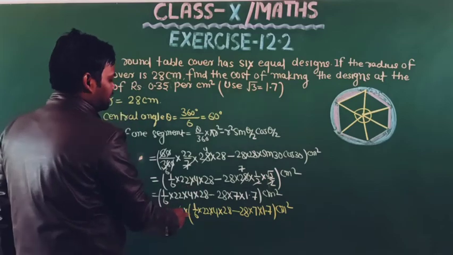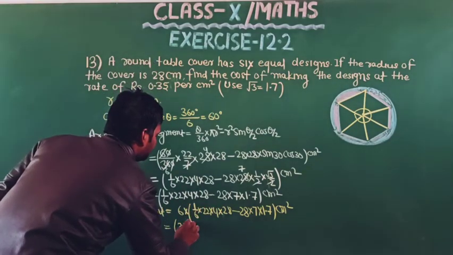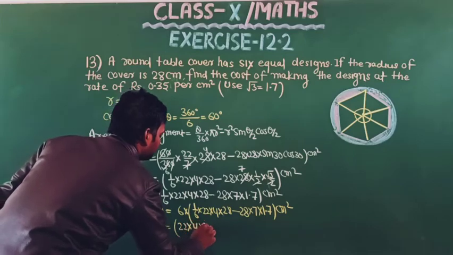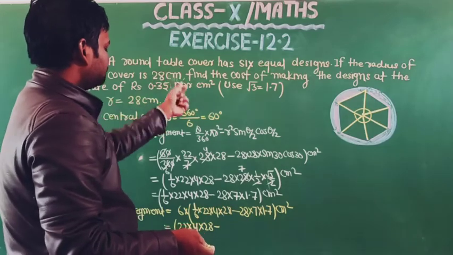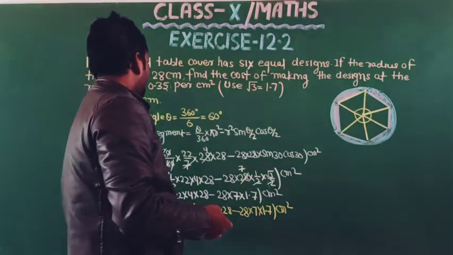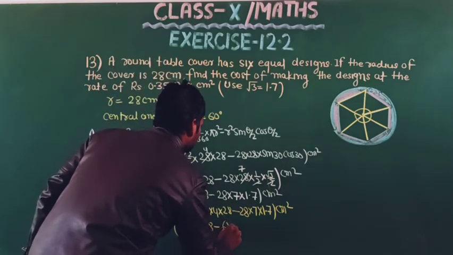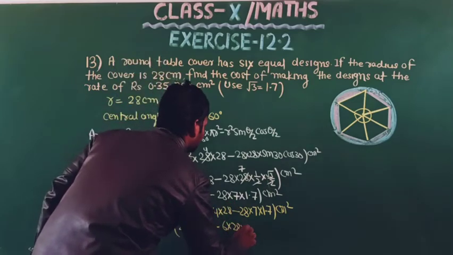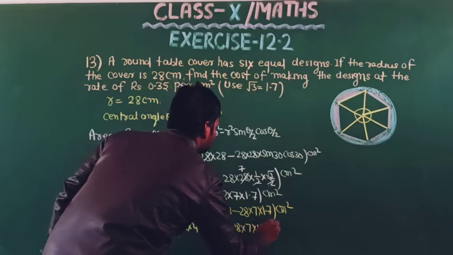Multiplying 6 inside, the 6 cancels out, so we are left with 22 into 4 into 28 minus 6 into 28 into 7 into 1.7.